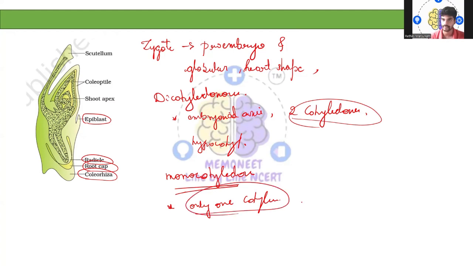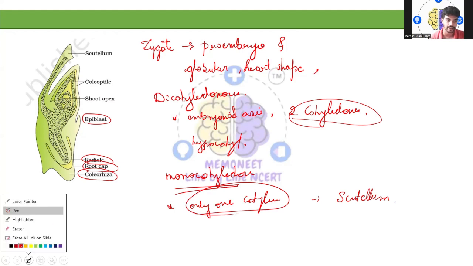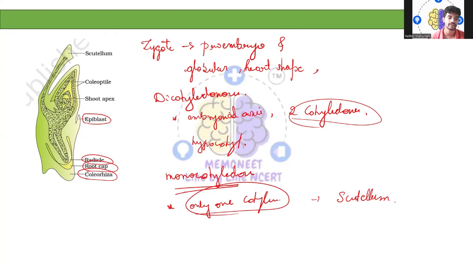They are of the grass family, and the cotyledon is called the scutellum, right? At the lower end region, the embryonic axis will again have the radicle and root cap region.